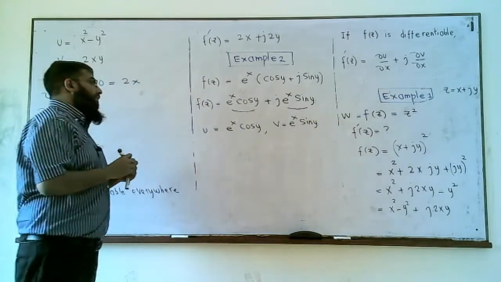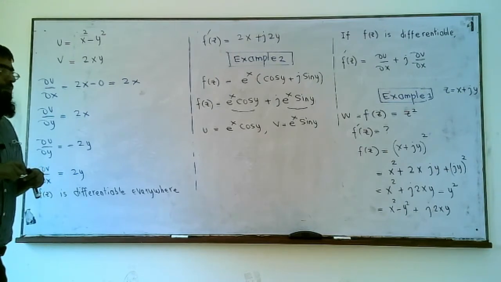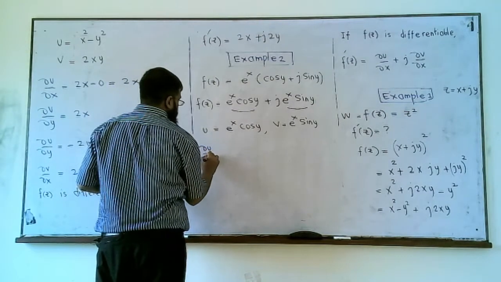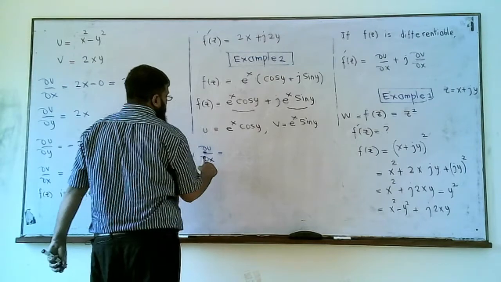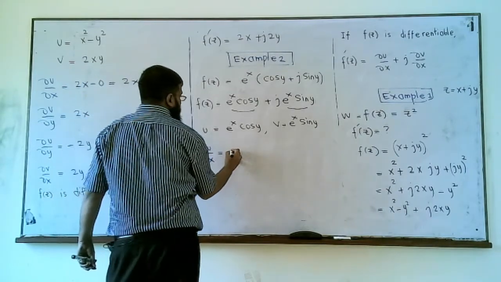Now it's time to check whether this function is differentiable, and we'll do that using the Cauchy-Riemann equations. So the first check is partial u over partial x. It should be equal to partial v over partial y. So partial u over partial x is e to the x cos y.